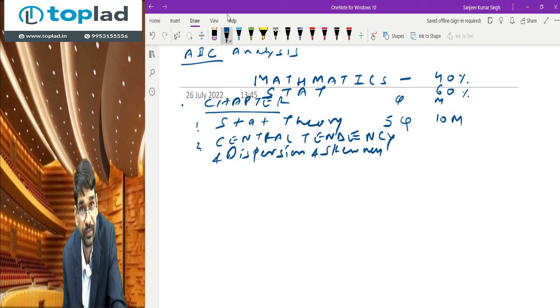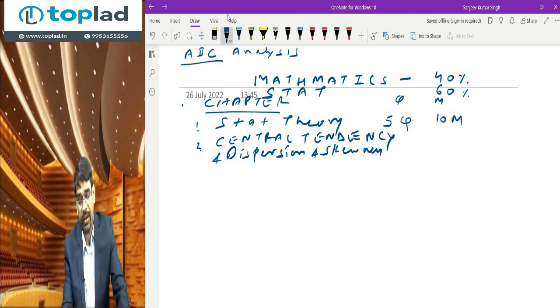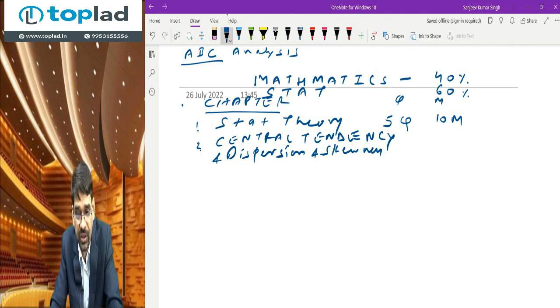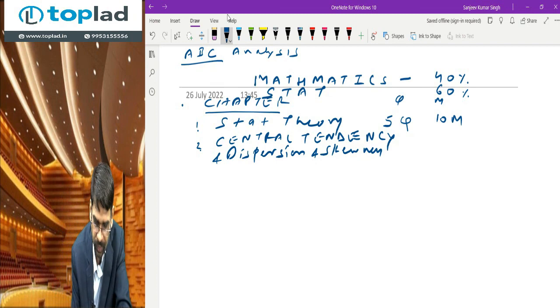Any guess from the student side? How many questions were asked from the central tendency, dispersion and skewness chapter? 15 questions. 15 questions means 30 marks.